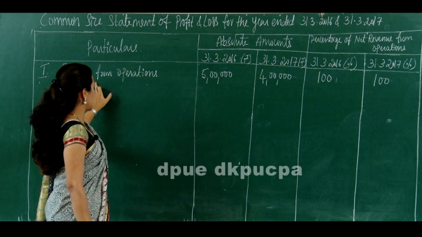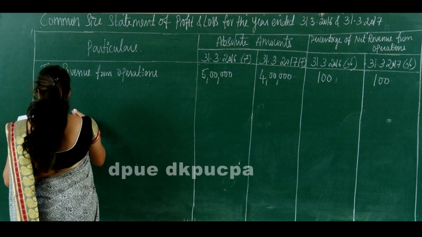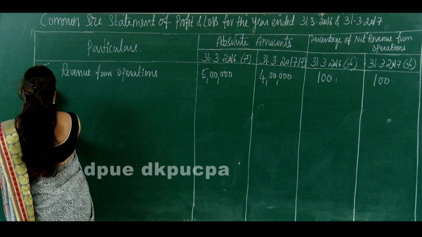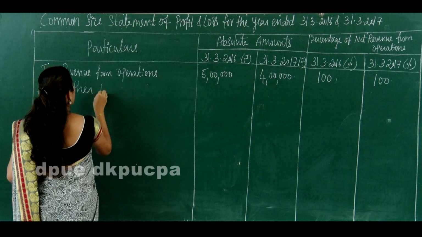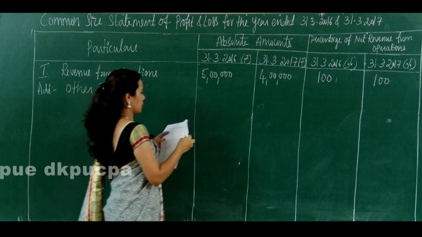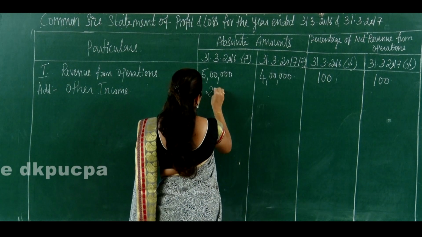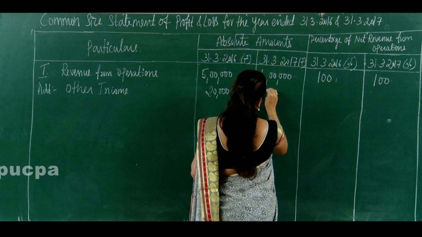So, what is our base? Revenue from operations. Then we will record the next one, other income: 2016 20,000, 2017 10,000.